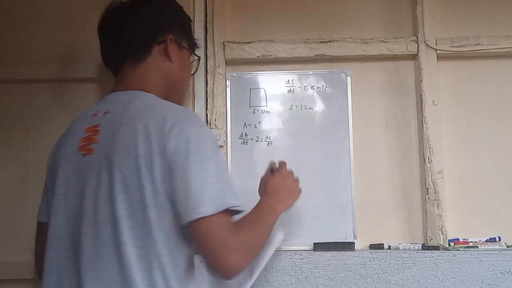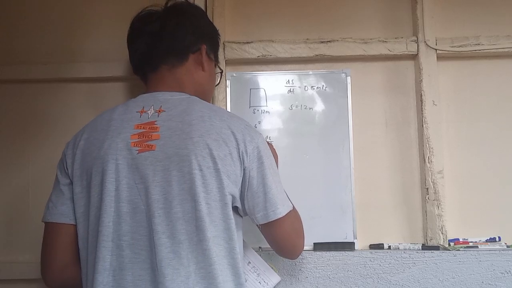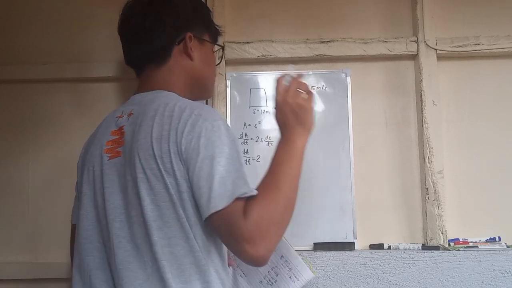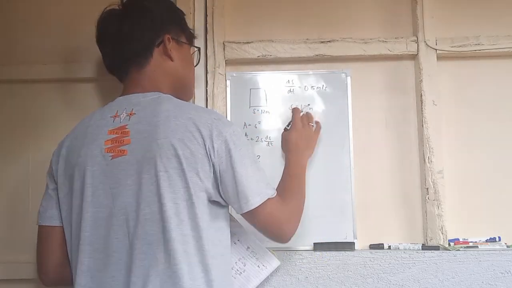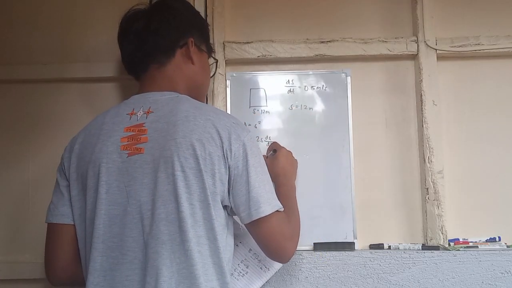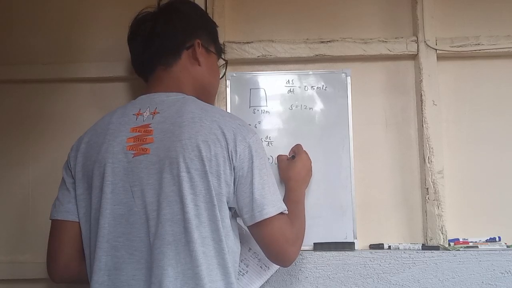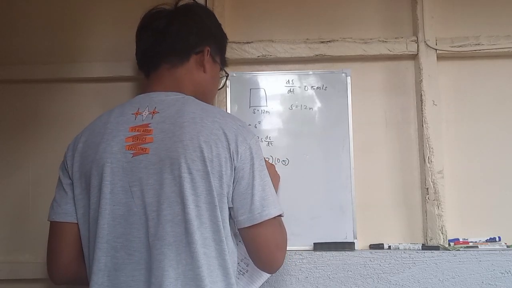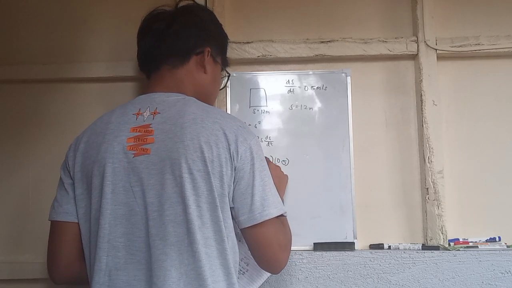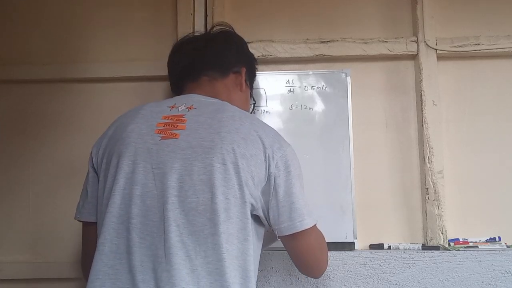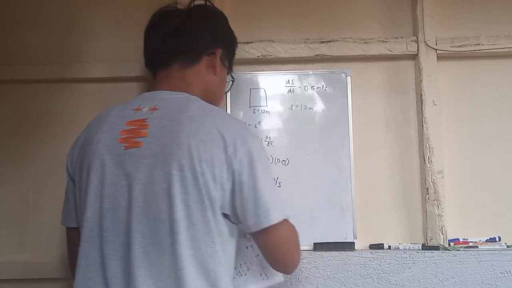So dA over dt, copy, then 2, substitute the value of our side as 12 and our ds over dt as 0.5. So calculate dA over dt, we can get the value of 12 meter squared per second.